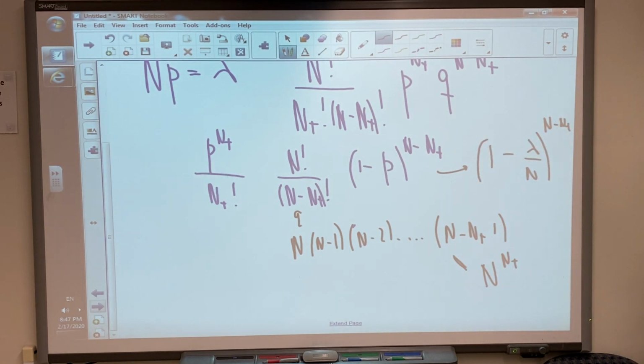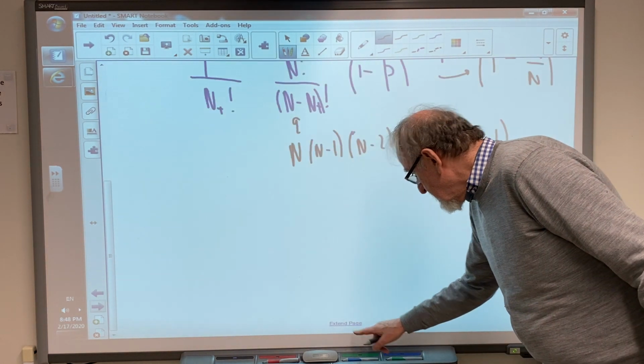And I hope you remember where you have seen 1 minus lambda over n to the power n: when n is very big, this goes to the exponential of minus lambda. If you want, try it in Mathematica: write 1 minus 3 over 50 to the power 50, 1 minus 3 over 51 to the power 51, and see this sequence, and you will see that it becomes closer and closer to e to the minus 3. If n is a very big number, this is an exact approximation, and you can check in many orders of magnitude that this will be very correct.